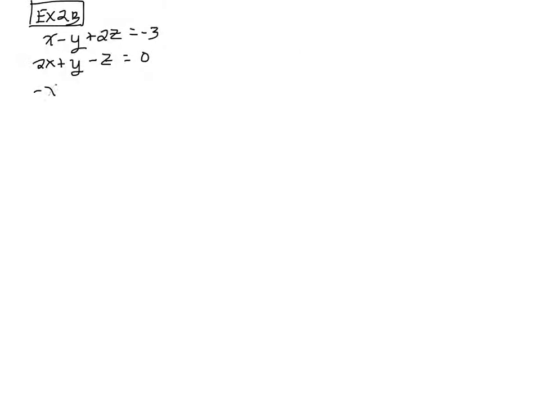Then negative x plus 2y minus 3z is equal to 7.